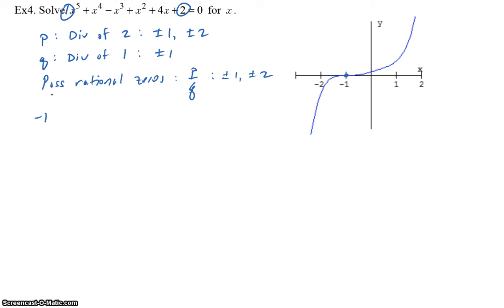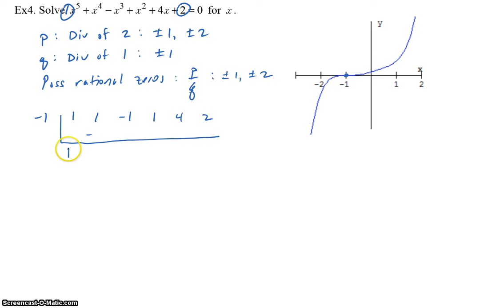Notice there are no missing powers of x, so no need for any zeros. So the leading coefficient is 1, the coefficient of x to the fourth is 1, coefficient of x to the third is -1, coefficient of x squared is 1, coefficient of x is 4, the constant term is 2, and we can begin our synthetic division.